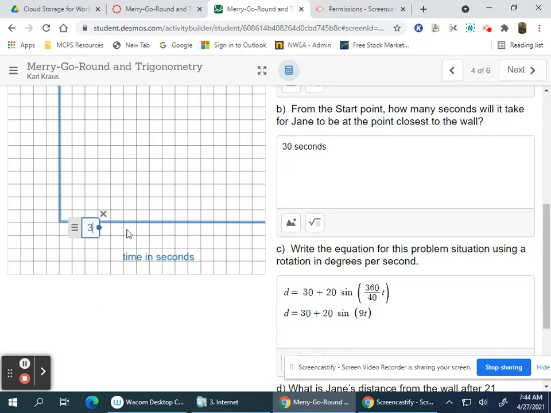If I make this 3, let's see. Six, and then this would be 9. So every other check mark, add 6: 15, 21, and 6 is 27, and 6.